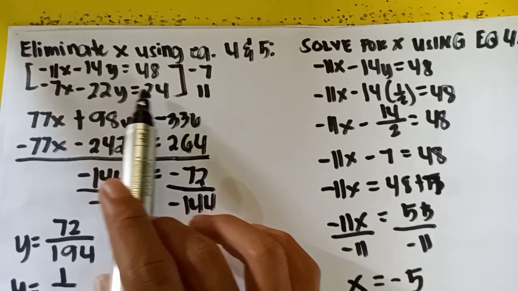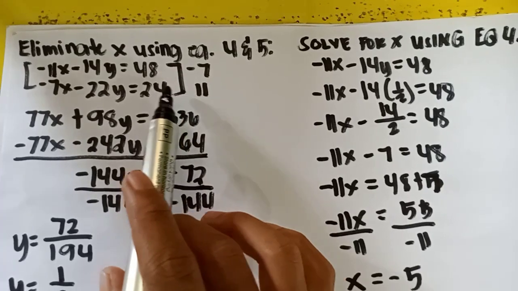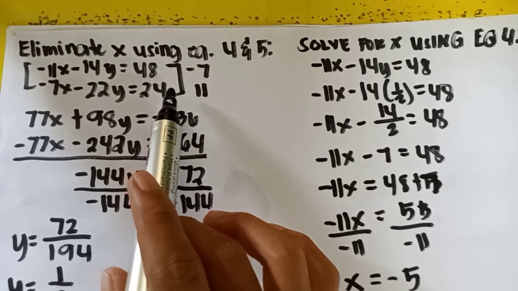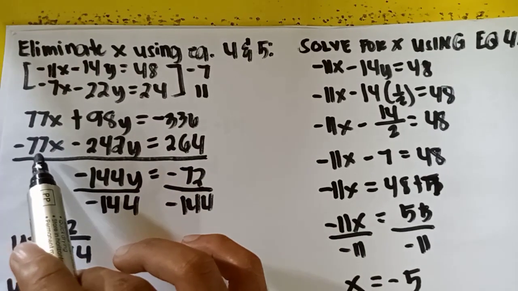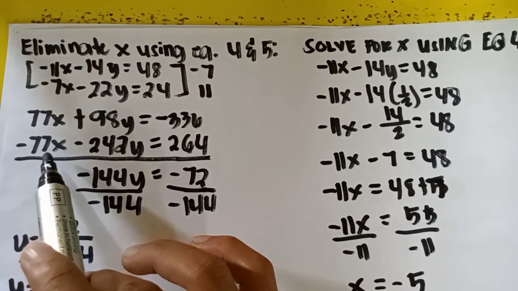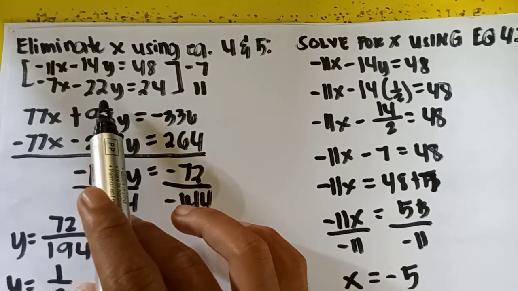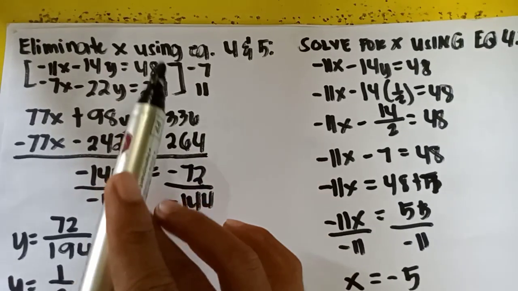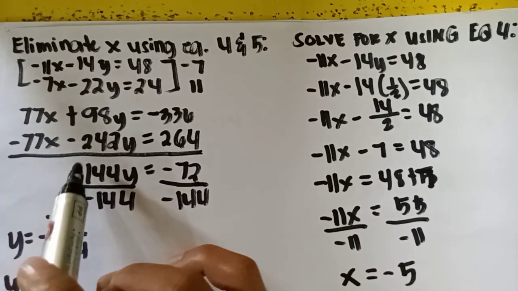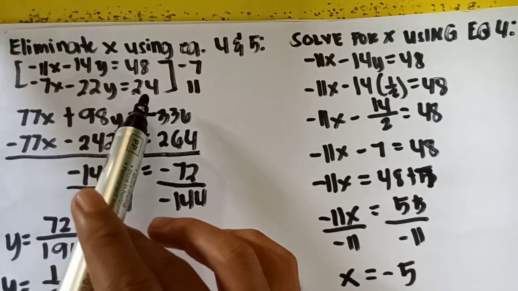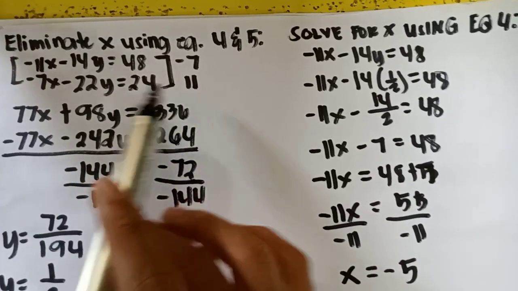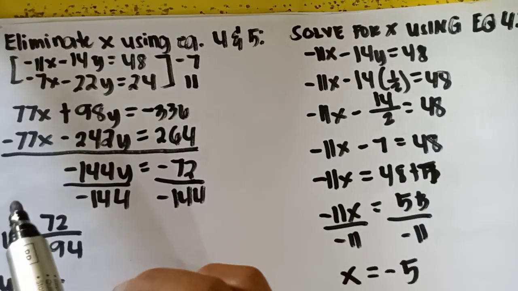And then in our equation number 2, on our next equation, we will multiply by 11: negative 7x times 11 will give us negative 77x. Then negative 22y times 11 is negative 242y, and 24 times 11 is 264.